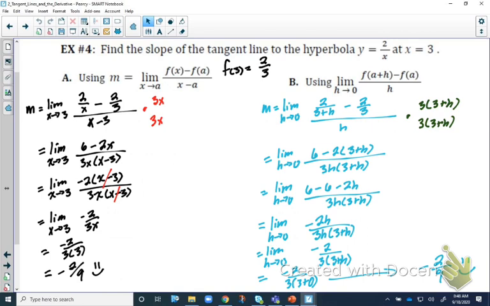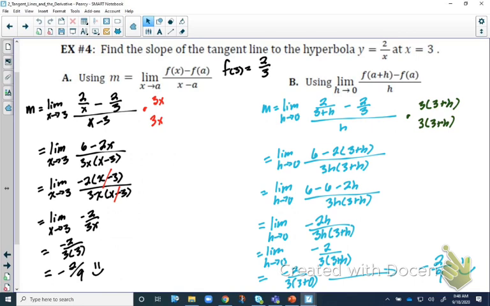So as we go through the arithmetic with this one, we should still wind up with the same value, because we're actually substituting a value for x as opposed to leaving x in the limit definition. So as you work it through, following the steps along, you can see again that we wind up with a slope of a tangent line to the hyperbola at x is equal to 3 will have a slope of negative 2 over 9.